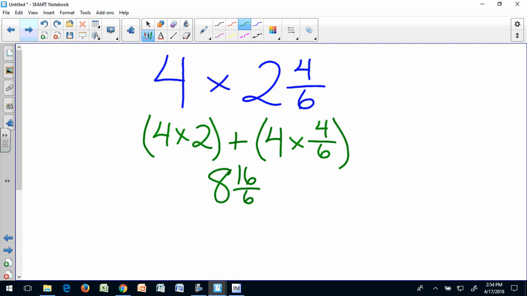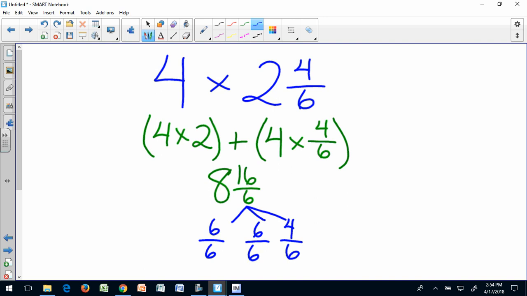Now you may recall in the previous sections that when you had an improper fraction in your mixed number, you have to convert it to make it look simpler and make more sense. So we can't leave it as 8 and 16/6. But I know in 16/6, there's not one, but 2 wholes, and then 4/6 left over.